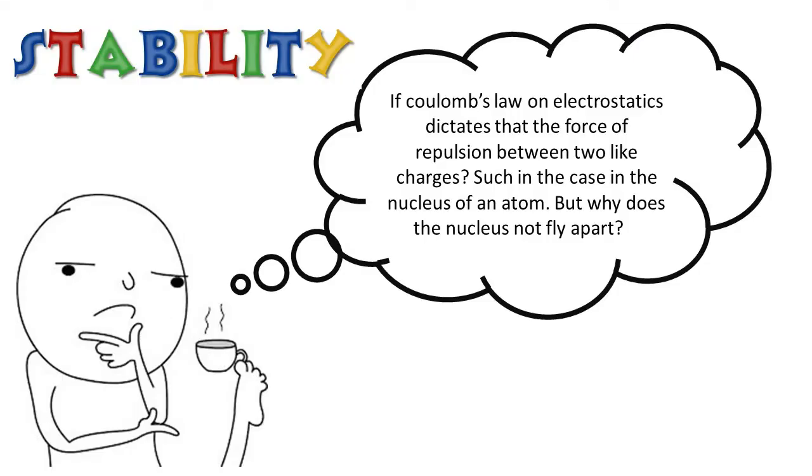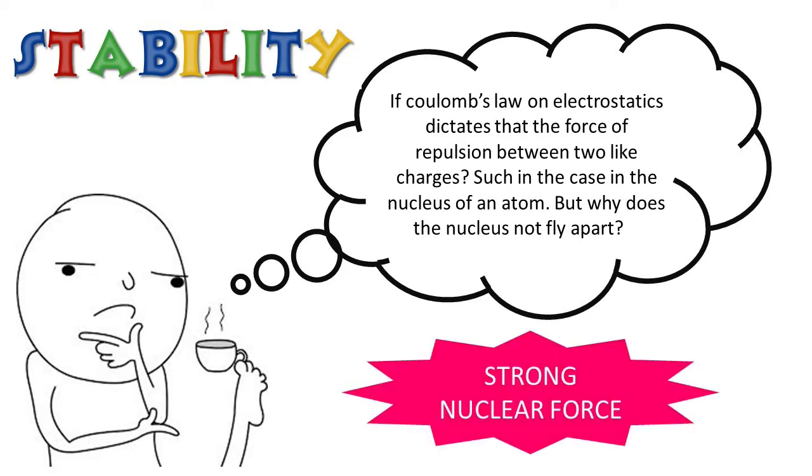If Coulomb's law on electrostatics dictates the force of repulsion between two like charges, such as in the nucleus of an atom, why doesn't the nucleus fly apart? It is because of strong nuclear force.